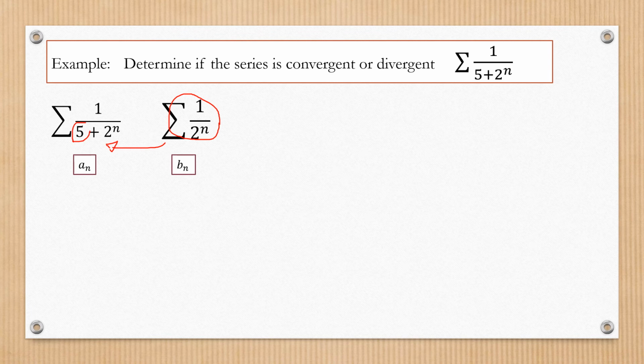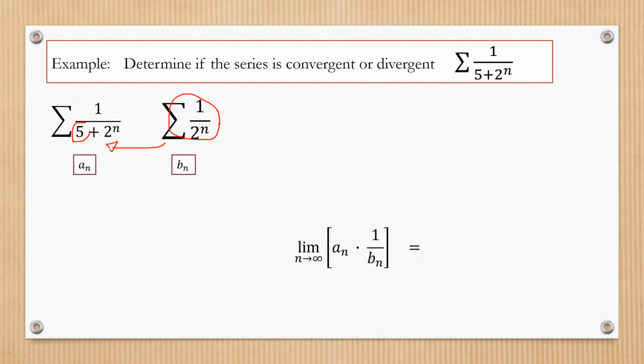But since An is, of course, the first series, we assume that An is the given series, and Bn is the other series without the insignificant number. Therefore, we get the limit of An times 1 over Bn.